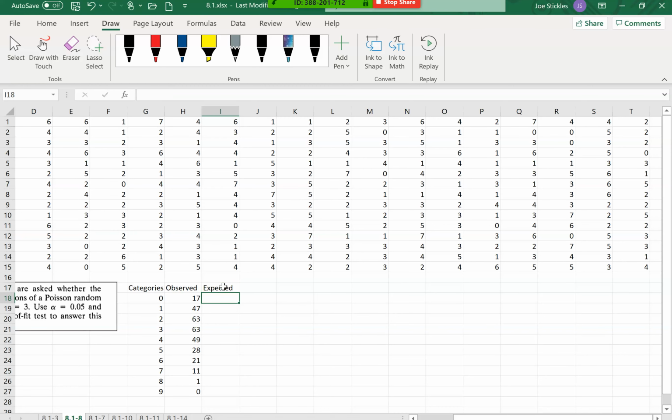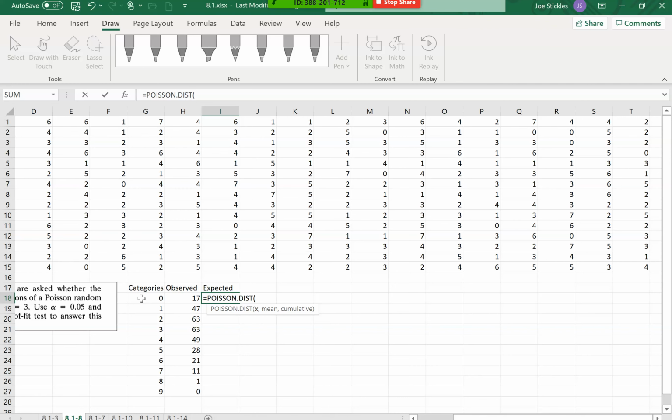Now I want to do the expecteds. This is a Poisson distribution with a mean of 3. I want to know in 300 trials how many times I would expect to see a value of 0. I can get the probability from the Poisson PMF.